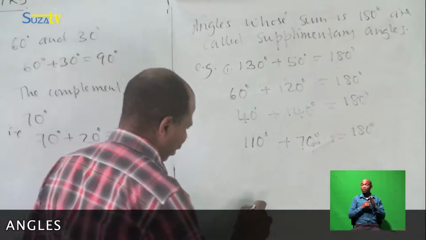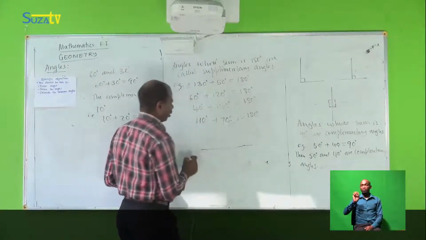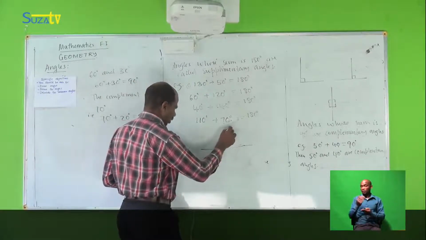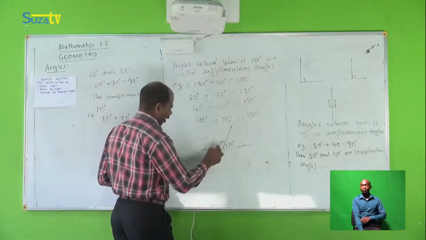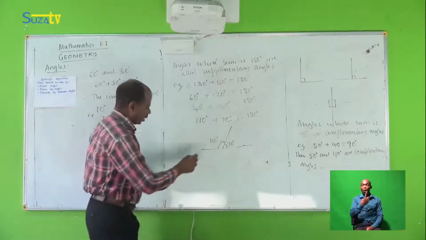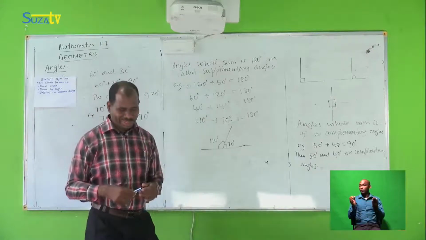So we can show supplementary angles like this. Here is 70 degrees, and here is 110 degrees. So by adding this, we have a straight angle which is 180 degrees.